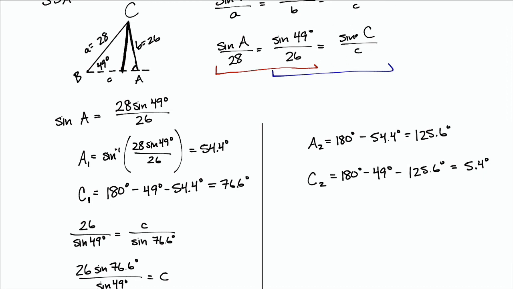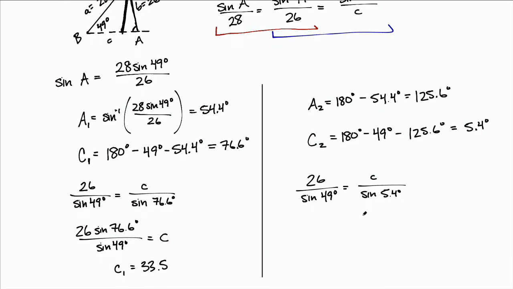Now I go back to this equality here so I can solve for C, and again I'm going to flip those fractions. So I've got 26 over sine of 49 degrees equals C over sine of that angle C, 5.4 degrees.